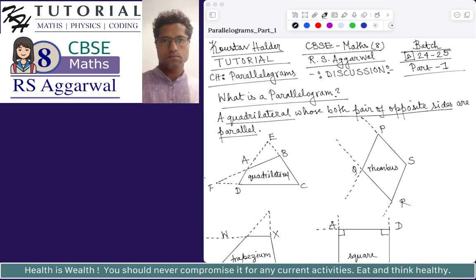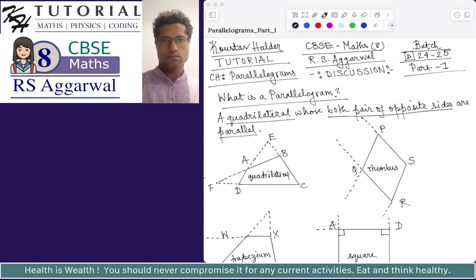Okay, so what is a parallelogram? A parallelogram is a quadrilateral whose both pairs of opposite sides are parallel. So we know that a quadrilateral is a polygon of 4 sides. There are two types of polygons, concave and convex.